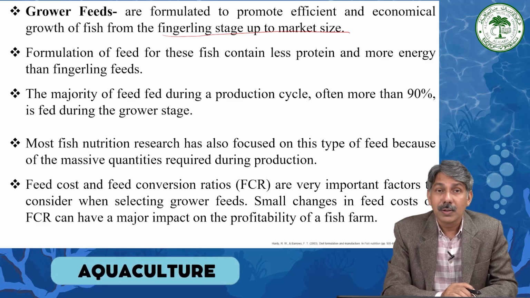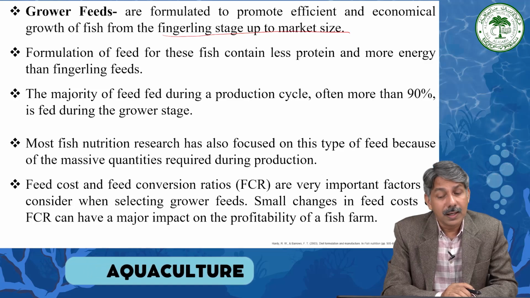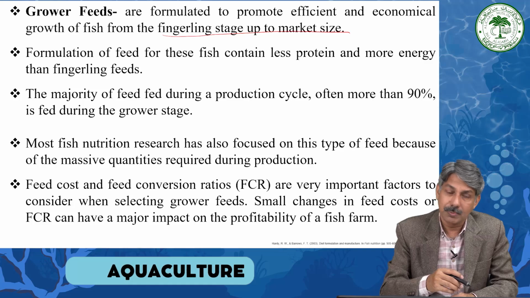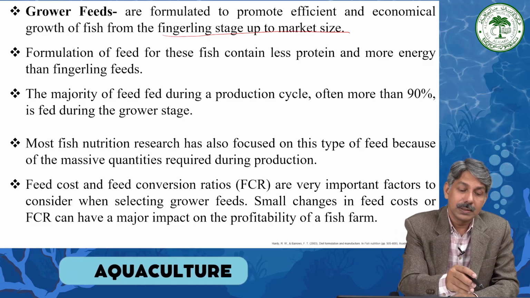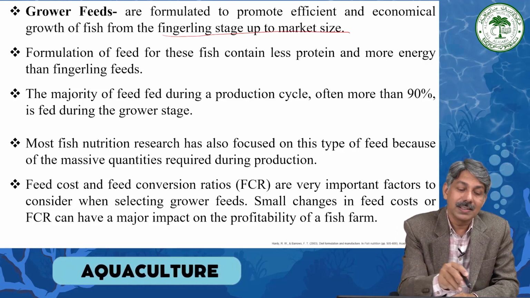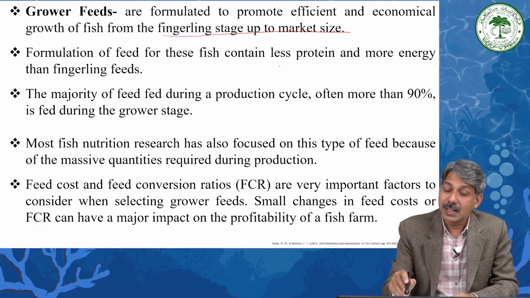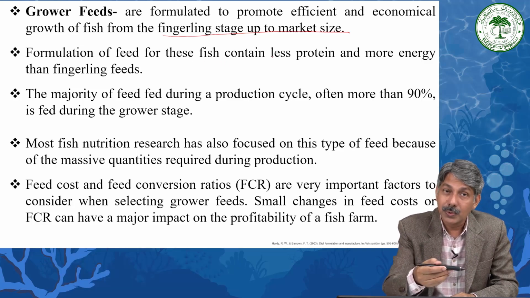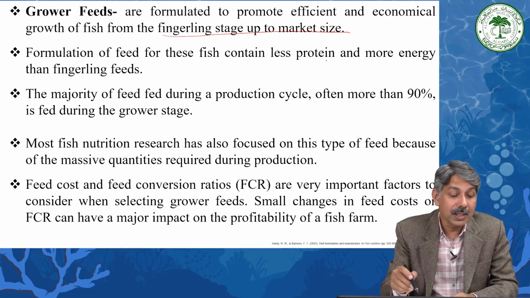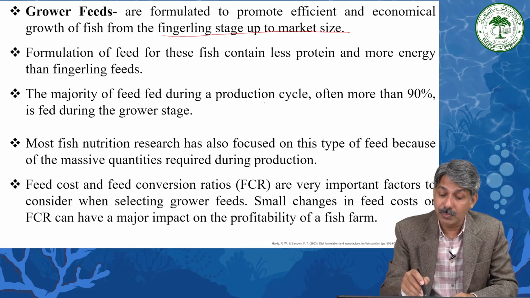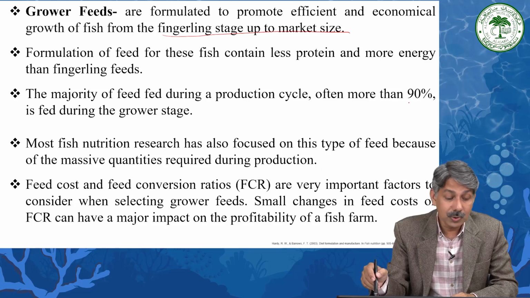So depending on which species you are growing, you can come up with the specific type of feed. The feed provided at this stage is known as grower feed. Formulations of feed for these fish contain less protein compared to the previous stage and more energy than fingerling feeds. The majority of feed fed during a production cycle, often more than 90%, is fed during the grower stage.